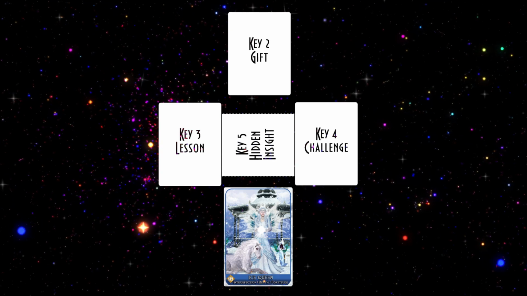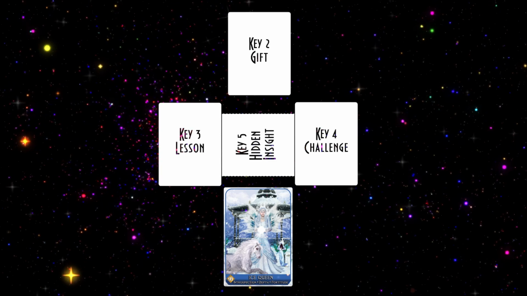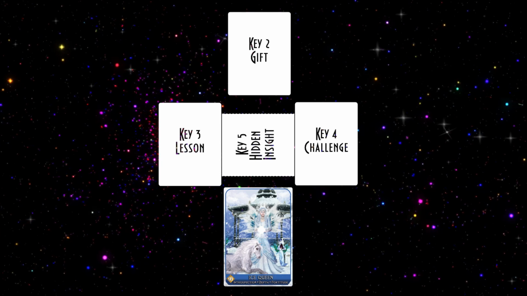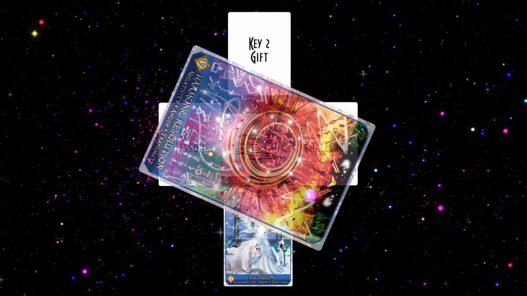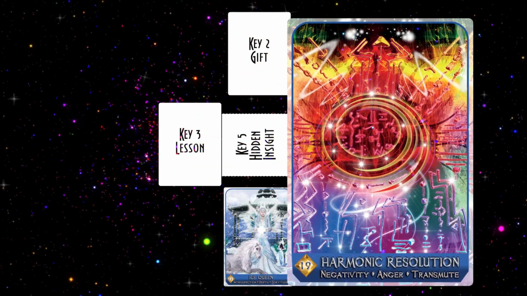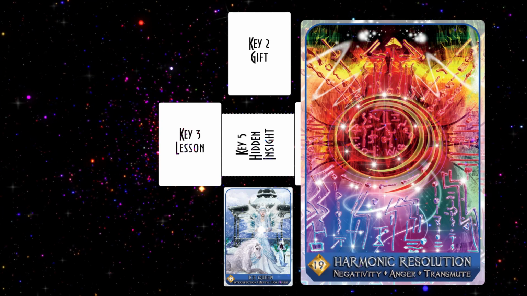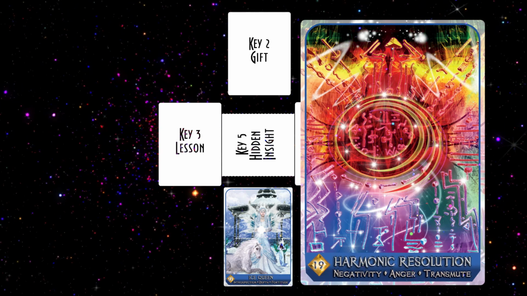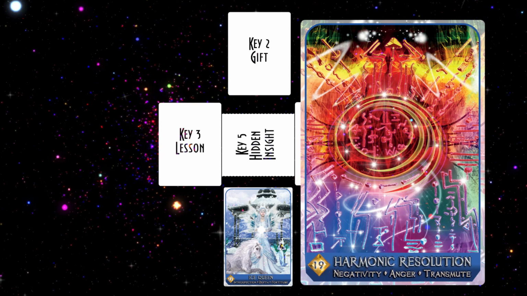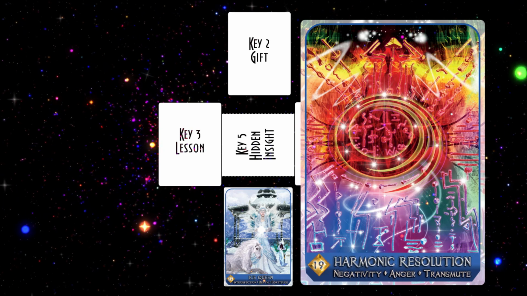So I'm shuffling around, and the card that I've picked here is card number 19, Harmonic Resolution. And the helper words on the bottom are negativity, anger, and transmute. Now this is a perfect example of how this looks like it could be a negative card, and yet we're going to read it differently because it's in the placement of the gift.